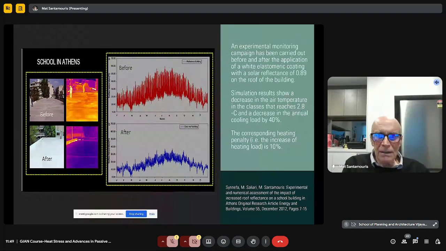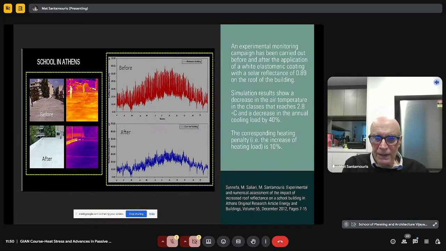You can easily understand that during the summer period, the surface temperature of the roof before the installation of the cool roof was very close to 50, 60 degrees. After the implementation of the cool roof, the temperature was between 30 and 35. So we had a decrease of the surface temperature of 20, 25 degrees. This is extremely important.